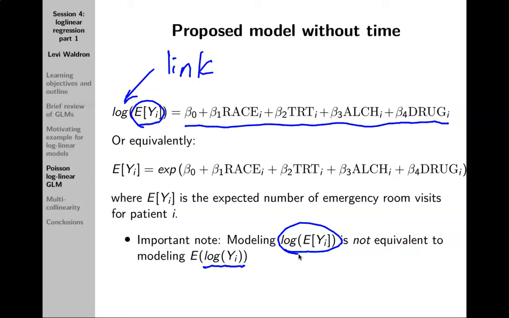And this is an important distinction. And as I mentioned before, you can't in this case just take the log of y because we have 0 values. This, however, does not pose the same problem because the expected value of y is generally positive.